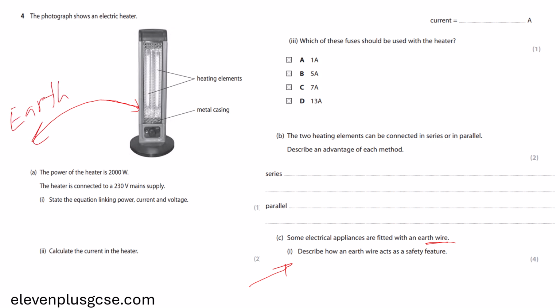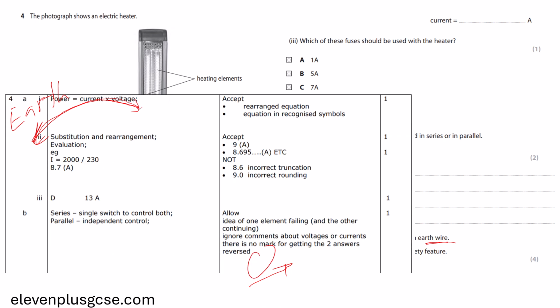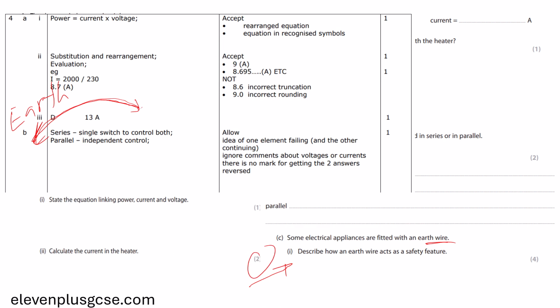If there is current flowing through the metal casing, that current is dangerous because when you touch that casing, you can be shocked. So the casing is attached to the earth wire, and that will conduct the electricity straight to the earth. And at the same time, the fuse is going to melt to stop the whole thing. But we're going to look at this in some other video later on. So in the meantime, just mark this.